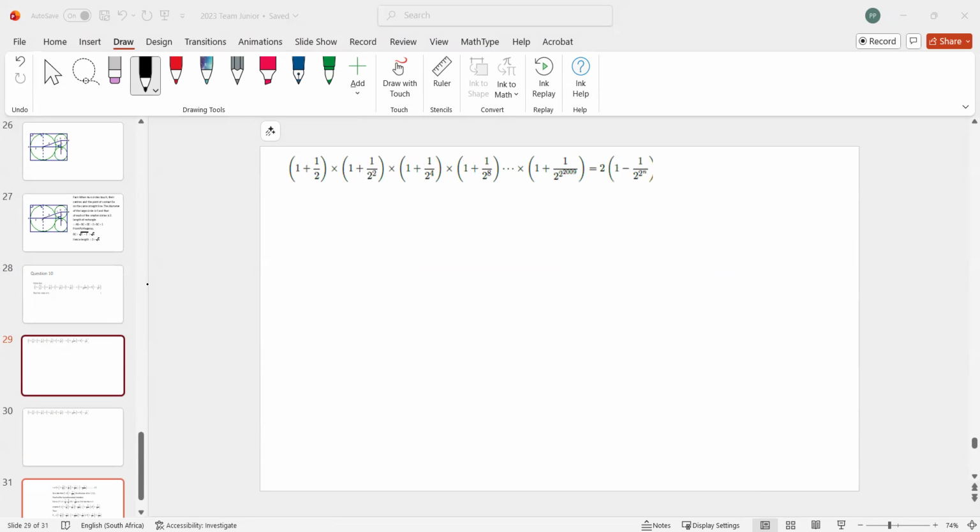Okay, so that looks like a very difficult problem because you got so many factors here. All right, so let's do this slowly. Okay, now remember, I'm going to call a equals 2 to the power of 2009. It looks as if this question was set in 2009. That is how we got that a there.